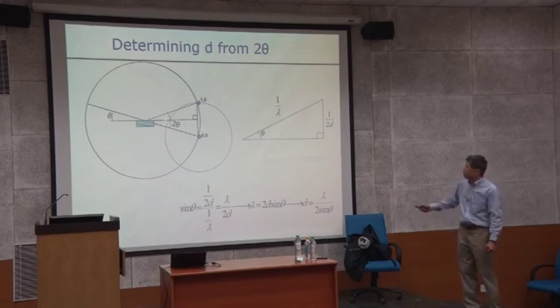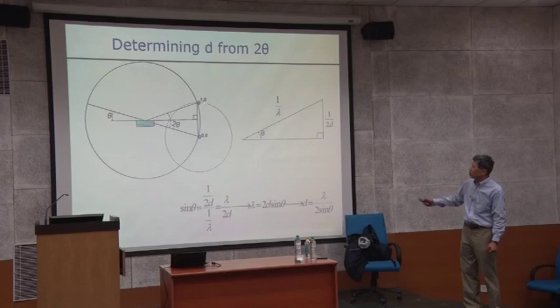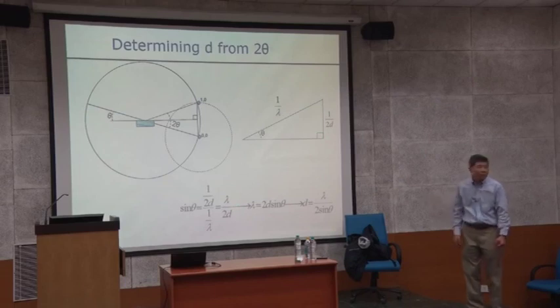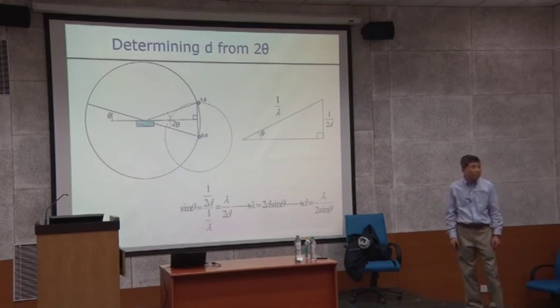Because you have lambda, 1 over lambda is what? 1 over lambda is a radius, and the theta angle, and this is 1 over 2d. So this geometry is equivalent to Bragg law. You see that?